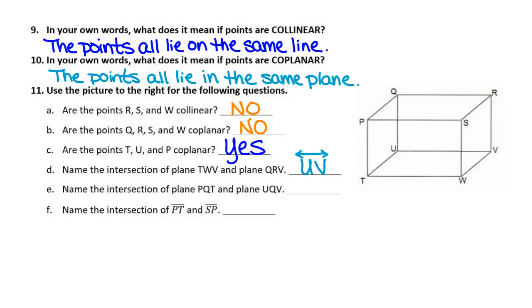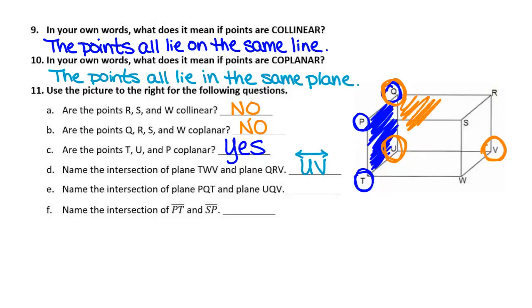All right, part E. Name the intersection of plane PQT, so that's the left side of the box, and plane UQV, that's the back of the box.